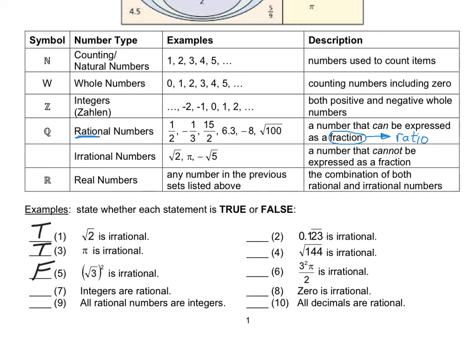Also, nifty little shortcut. You've heard of canceling before, right? It's just like a catch-all term for pretty much everything in math. But basically, opposite operations cancel each other, right? Addition cancels subtraction, multiplication and division.